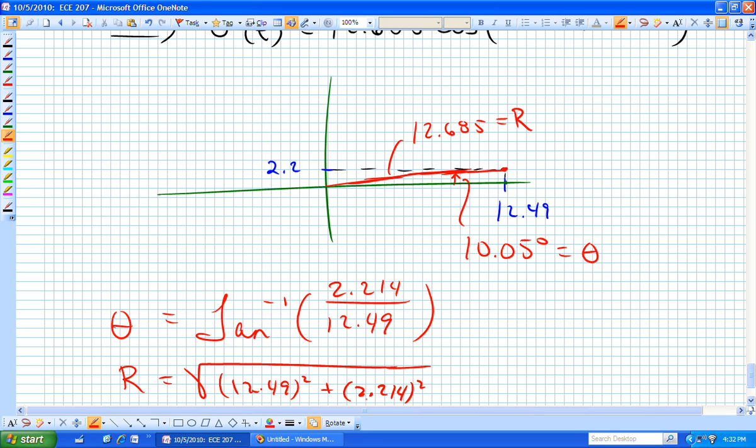Oh, the question was, can we round? What kind of accuracy do we need? Wow. Didn't you get that in Engineering 102? Well, I mean, significant digits. I rounded. I'm pretty sloppy up here, but don't do what I do. Do what I say. Okay? I was sketching.